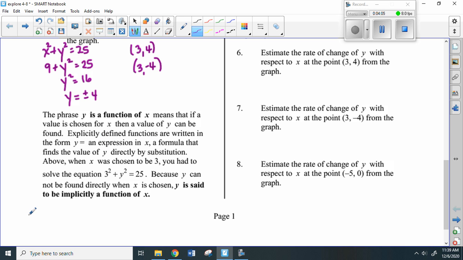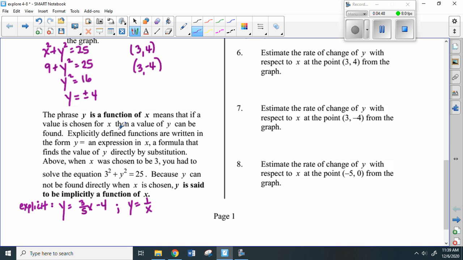So for an example of explicit, it would be something like y equals 3/5 x minus 4, where y is on one side and x is the only variable on the other. Another example might be y equals 1 over x. And so that's what it means to be defined explicitly, where y is on one side and x is on the other. And you can find the value of y using just substitution.